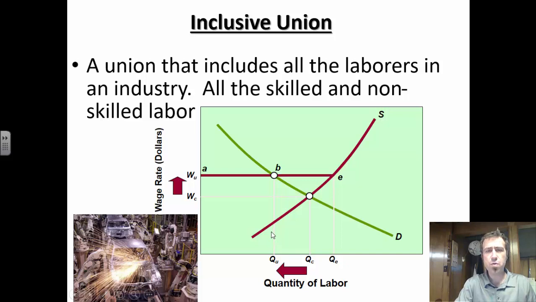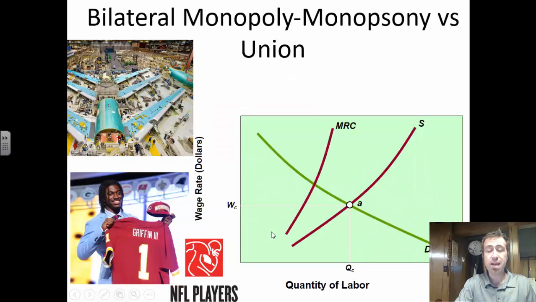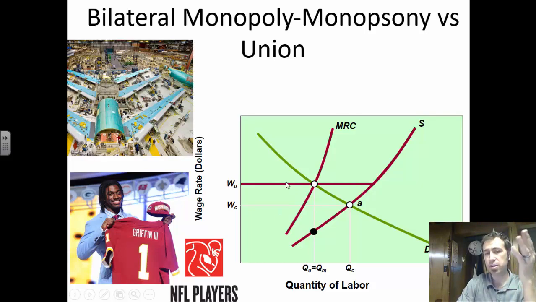So now, what happens when you have a monopsony run into a union? Let's call it an inclusive union, because that's the most common type of union you might see. The union wants higher wages, the monopsony wants lower wages.